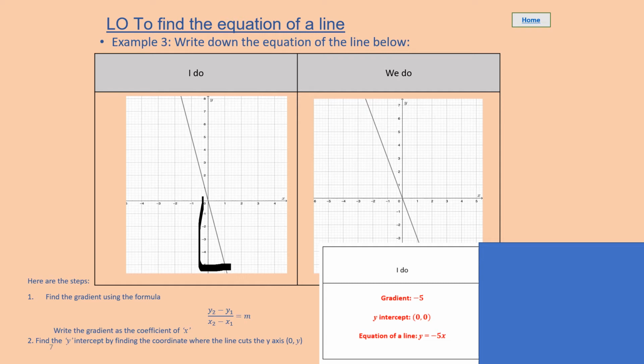So I've got a gradient of -5: change in y is 0 take away 5, which is -5, divided by 1 is -5. And then the y-intercept is at 0. So the equation of the line is y equals -5x. Pause the video while you have a go at the we do.